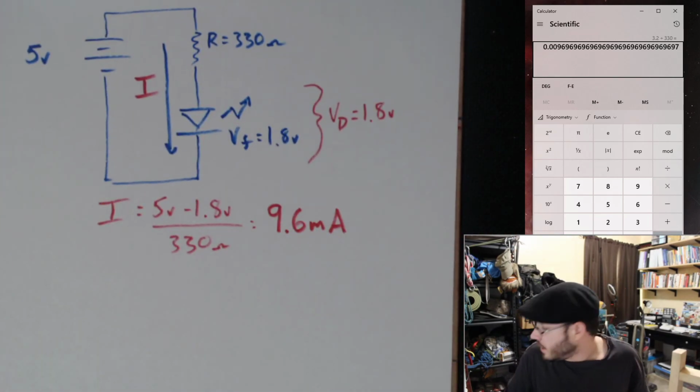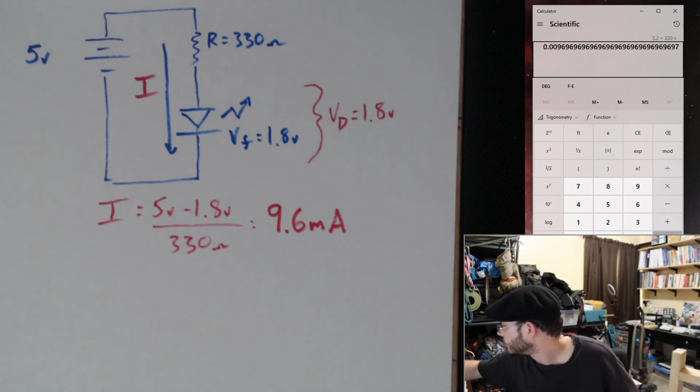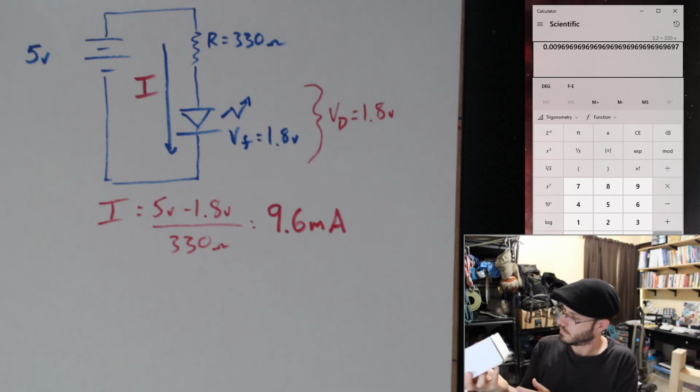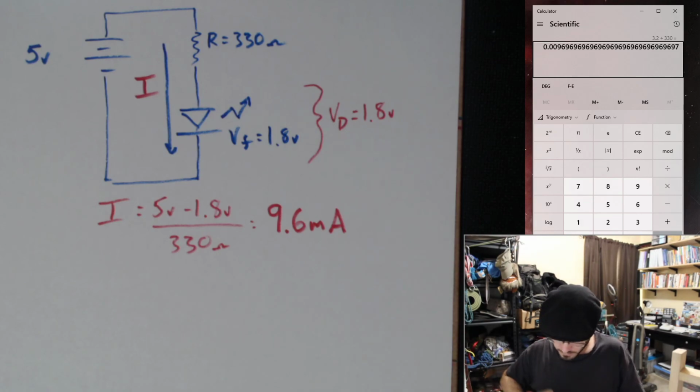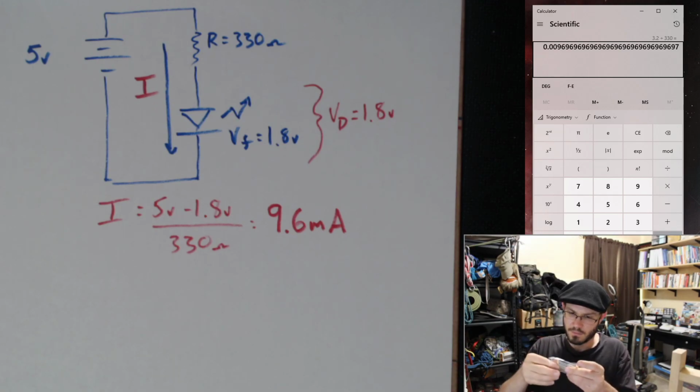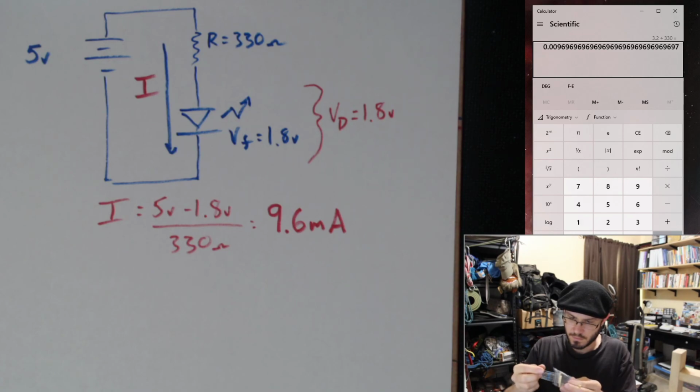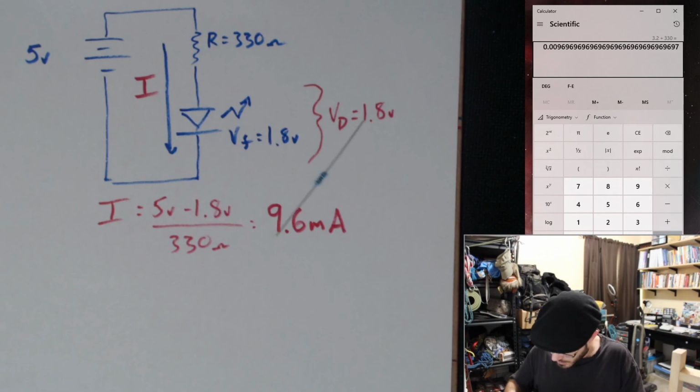Here are our values. Let's grab a 330 ohm resistor. There's my 330 ohm resistor.